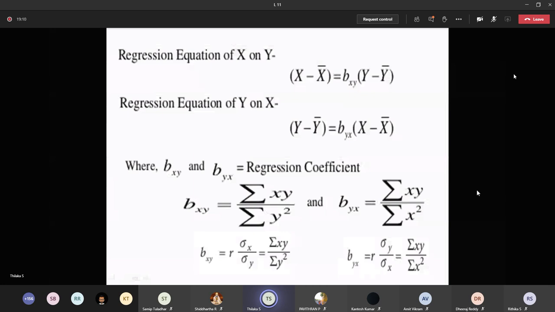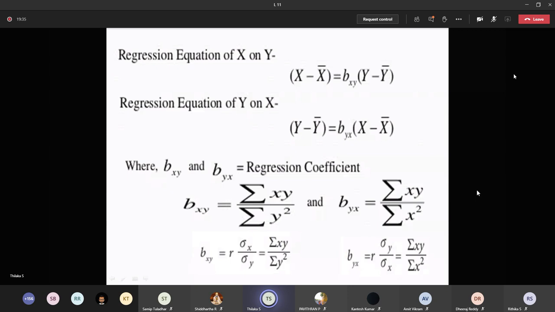In the first one, b of xy, y is the independent variable, so we take the y square value, and in the second one, x is the independent variable, so we take the x square value. The other formula below is the other method to calculate the coefficients of x on y and y on x.